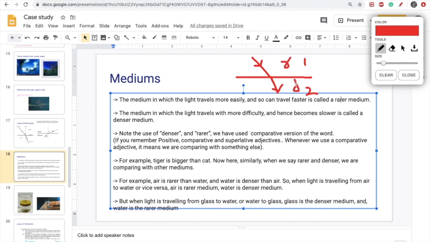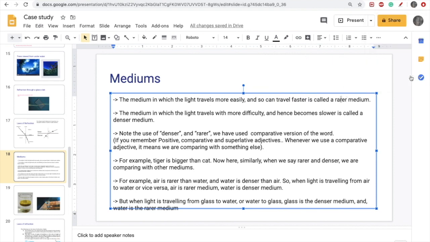And the opposite, if in medium 1 it is difficult to travel, but in medium 2, as soon as the light enters it becomes faster, then medium 1 is called the denser medium and medium 2 is called the rarer medium.